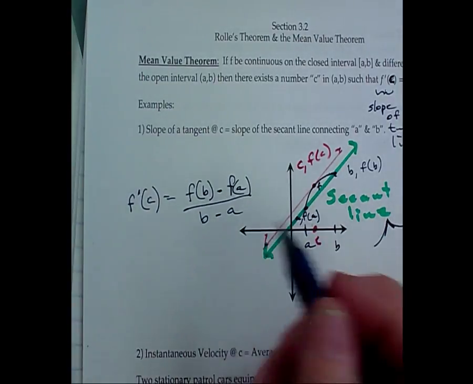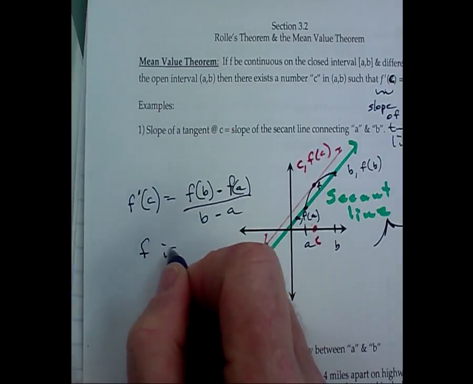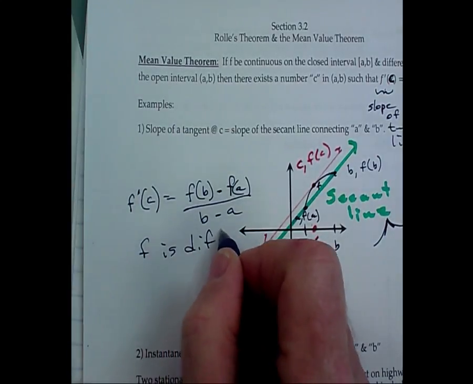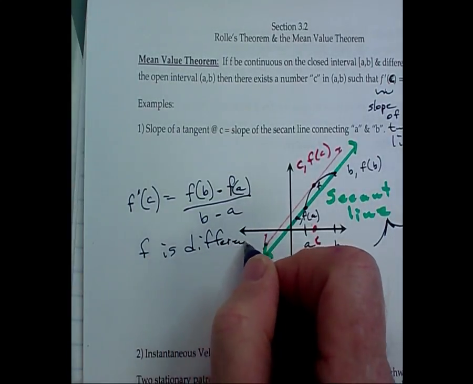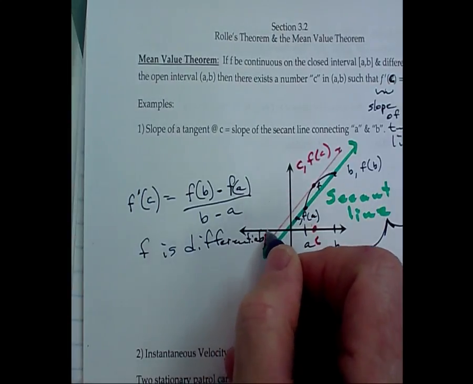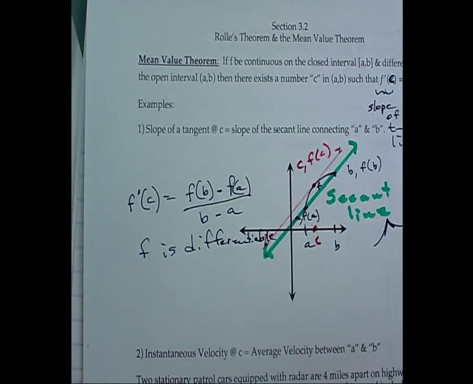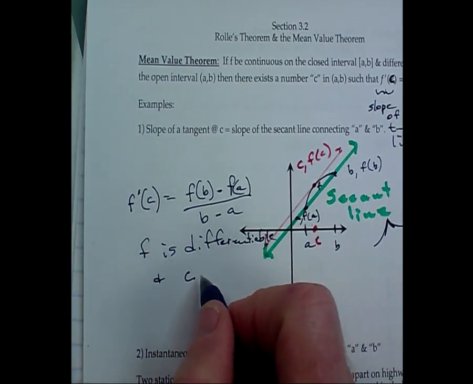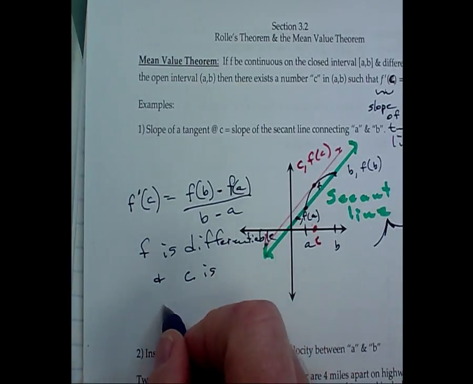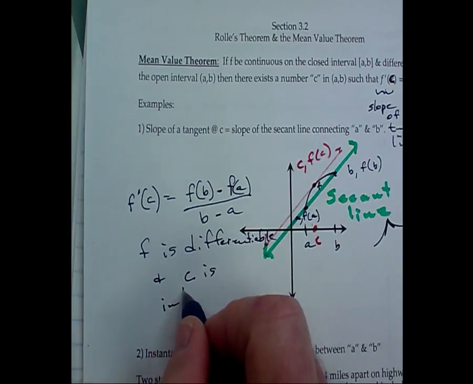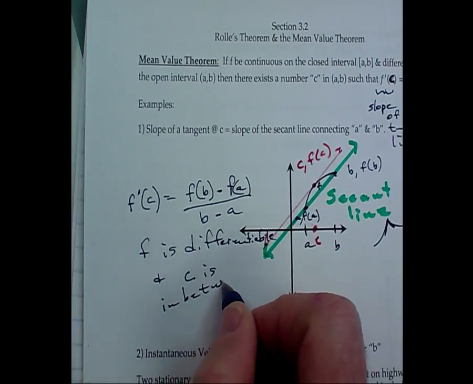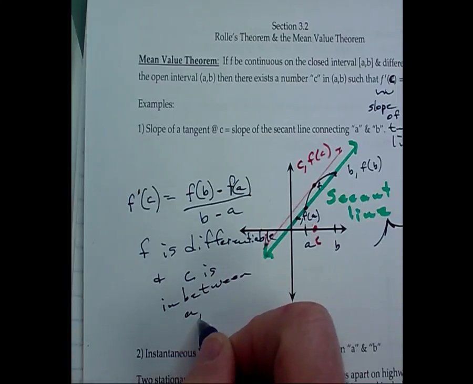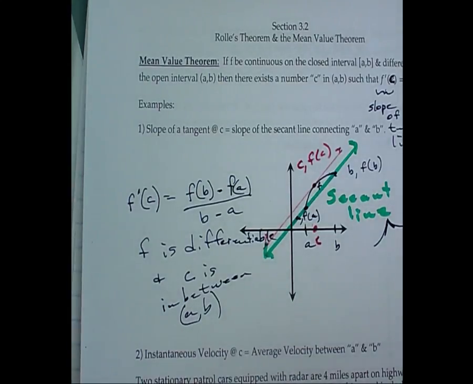So, but what has to be true? F is differentiable, no sharp points, like Aiden said. Okay? And C is in between A and B in that open interval.